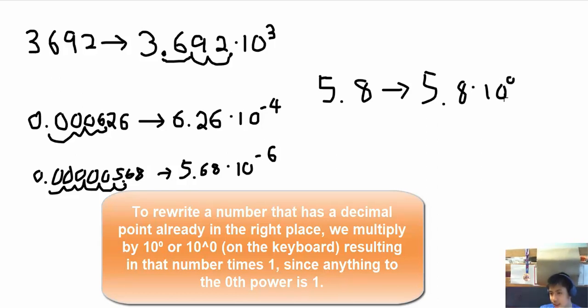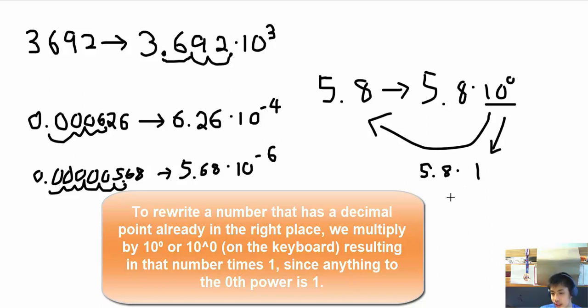We are still following the rules of scientific notation because we're still including a power of 10, which is 10 to the power of 0. And we're still getting our original answer, which is 5.8, because 5.8 times 10 to the power of 0, which is 1 (anything to the power of 0 is always 1), equals 5.8, which is our original.